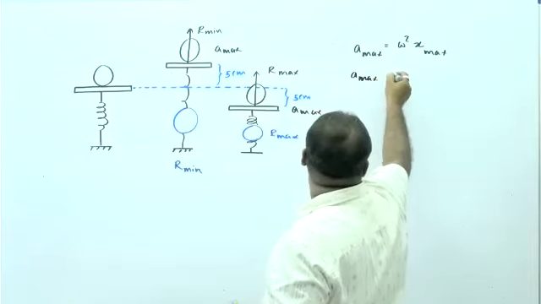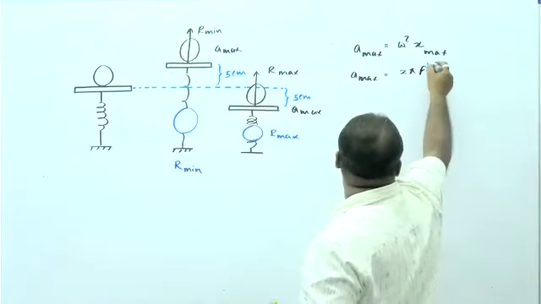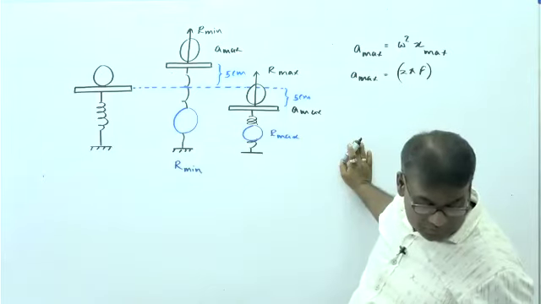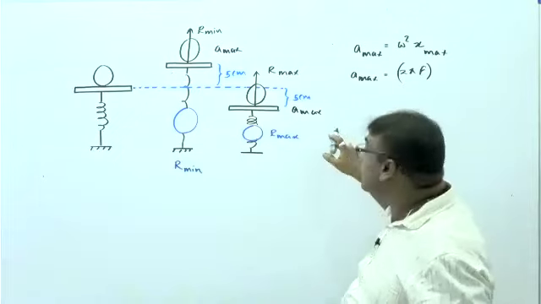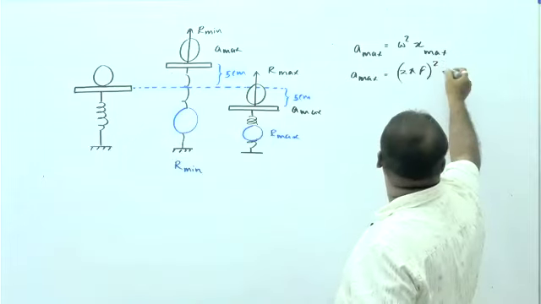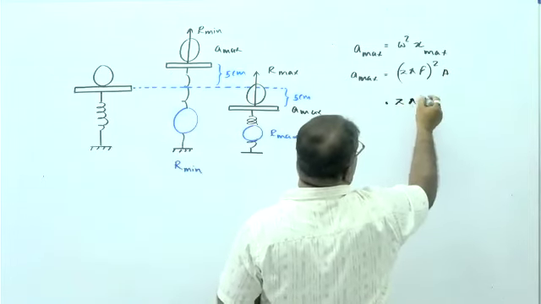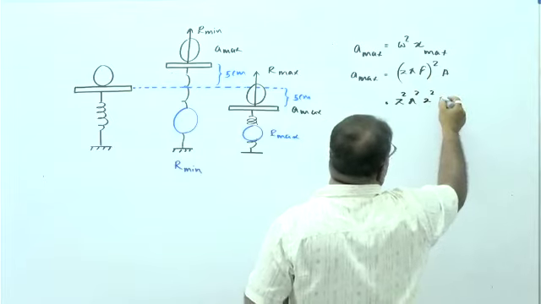Then A max becomes omega squared times amplitude, where omega is 2 pi f. Here the frequency of the oscillation is given as 2 per second, hertz, right? So (2 pi f) squared: 2 squared, pi squared, frequency 2 squared.